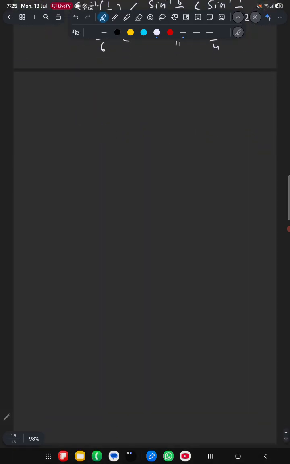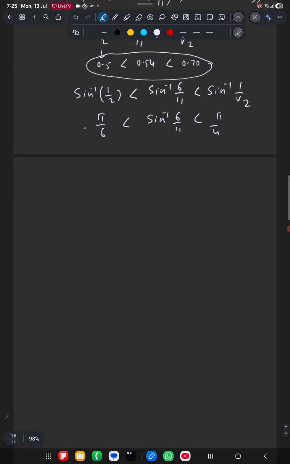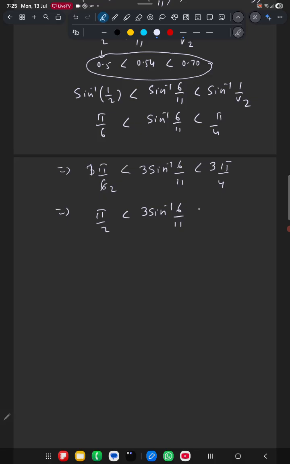Next, we multiply throughout by 3. So 3 pi by 6 is less than 3 sine inverse 6 by 11, which is less than 3 pi by 4. After cancellation it gives pi by 2 less than 3 sine inverse 6 by 11 less than 3 pi by 4.